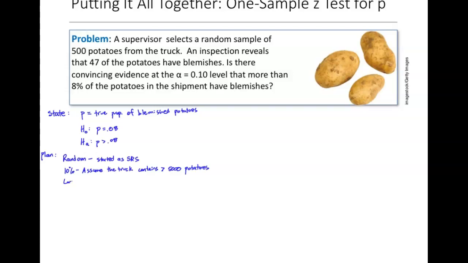And then large counts, remember we use our null hypothesis value. So it's going to be 500 times 0.08, which is 40, which is greater than 10. And clearly 500 times 0.92 is going to be 460, which is also greater than 10.